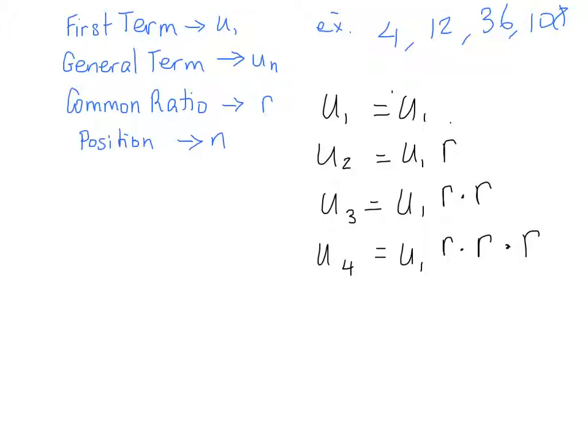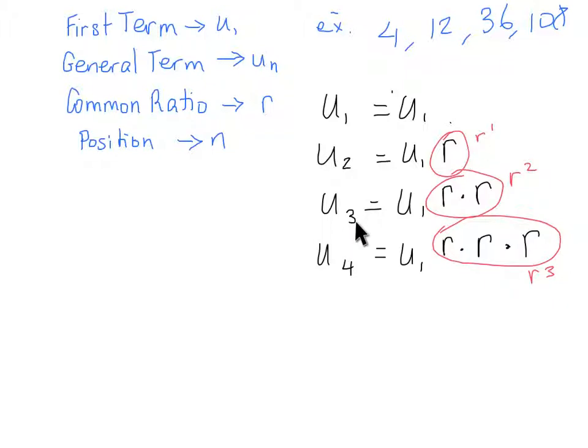Alright, so here's the thing. Here we have R to the first power. Here we have R to the second power. Here we have R to the third power. So U1 is always being multiplied by R to some power. So how do we figure out what the power is here? Well, when we're looking for the second term, the exponent of R is 1.